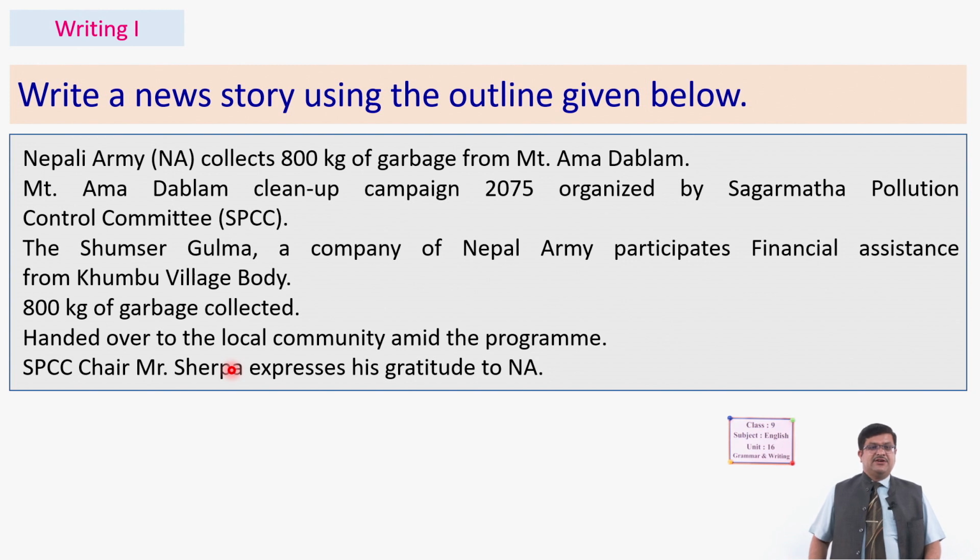The Samser Gulma, a company of Nepal Army, participates, with financial assistance from Khumbu village body. 800 kg of garbage collected, handed over to the local community amid the program. SPCC chair Mr. Sherpa expresses his gratitude to NA.